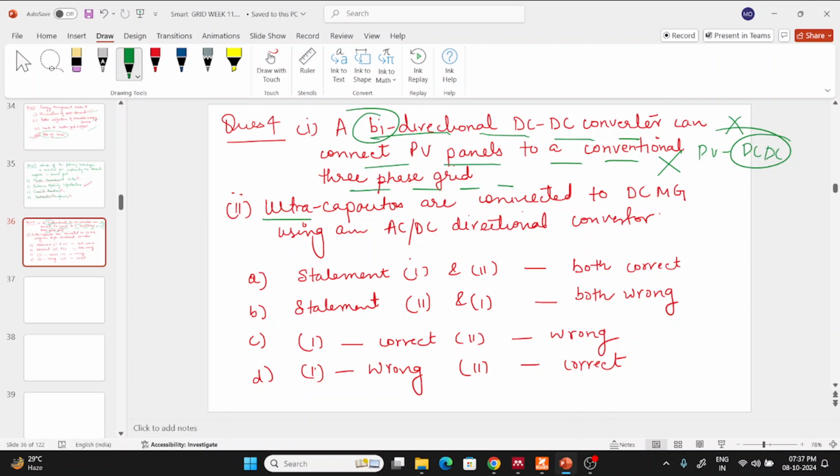Okay. Ultracapacitors are connected to the DC microgrid using an AC-DC converter. They are actually connected through a DC-DC bidirectional converter. So both statements are wrong. So from here we can say B is the correct answer.